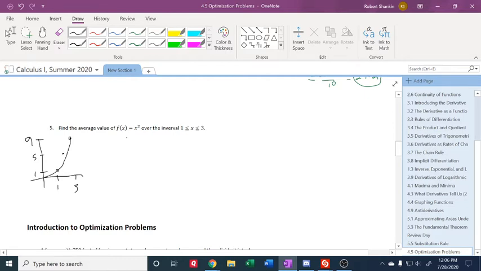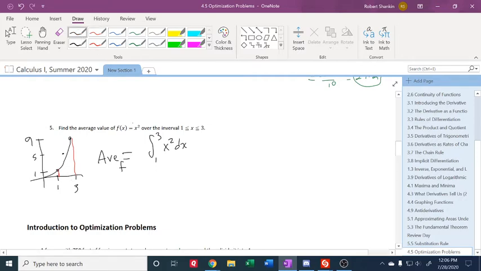Now, to find the exact average value, you have to have calculus. No other way that I know of to do this. So the average for f over that interval is going to be the integral from 1 to 3 of x squared dx. Now when I do that, that gets me this area underneath that section of f.